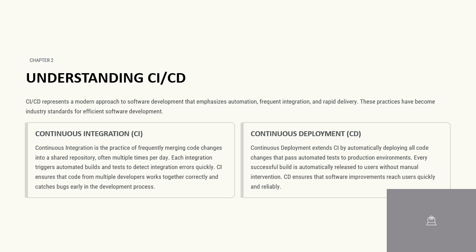Every successful build and test is automatically given to users without manual intervention. So continuous deployment ensures that the software we develop, and every improvement to it, will reach the users very quickly and reliably.